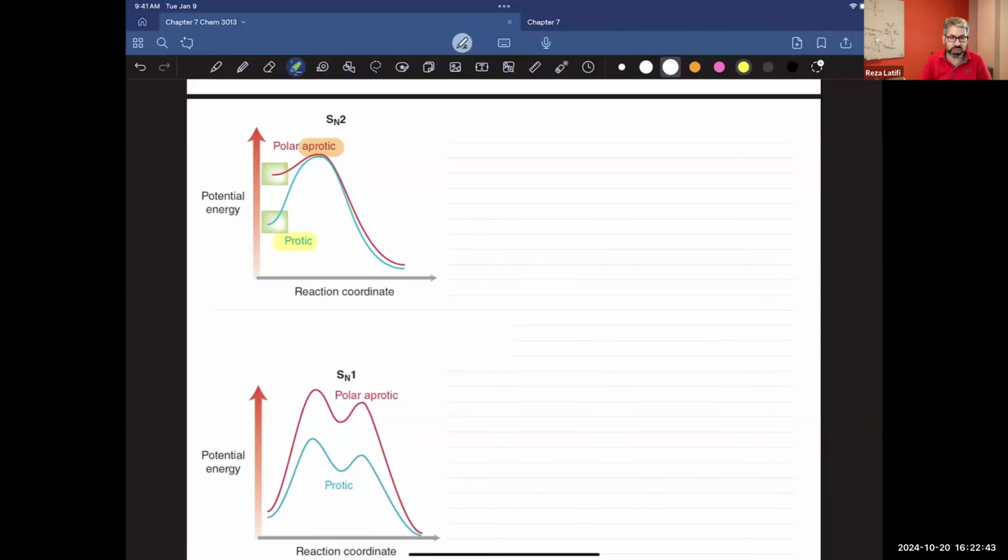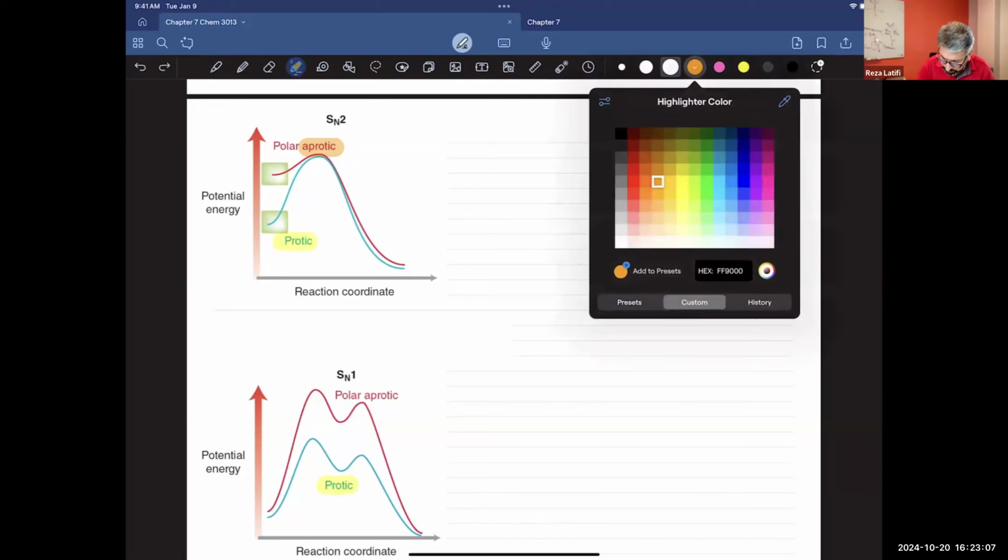And when we are talking about SN1, we need to have a protic solvent, and a protic solvent will make the reaction faster. A protic solvent is a solvent that has acidic H. An aprotic one does not have. So be careful about those two.